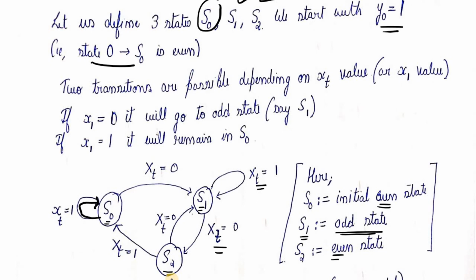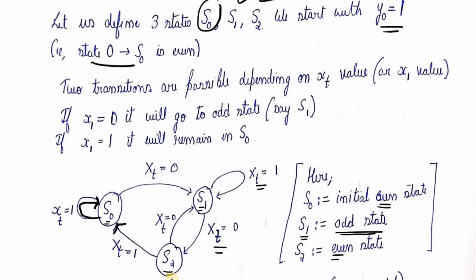So we started with y0 being equal to 1, which will mean that there is an even state, which may have started at one point of time, but we didn't know what the value of x0 was at that point of time. We just have the information of y0 being equal to 1. Now at state S2, if xt is 1, we will be pushed back to S0, from where we actually started. So that's why three states are needed over here.